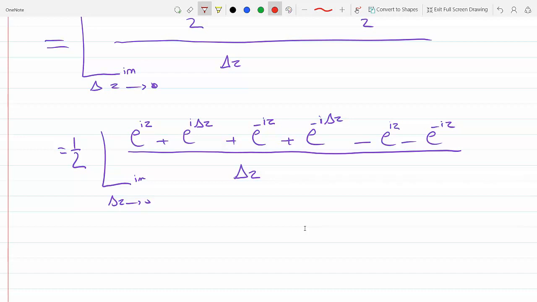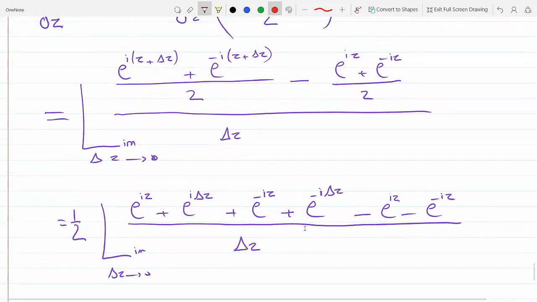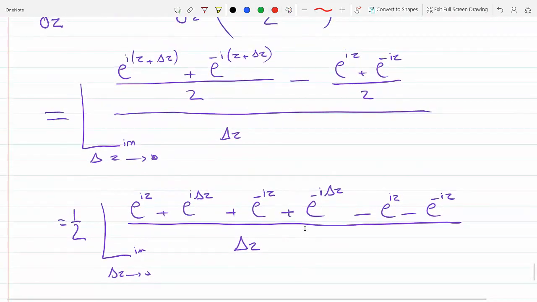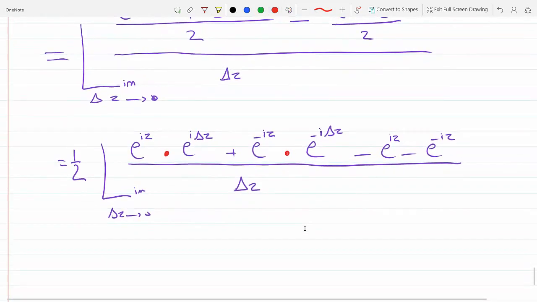Oh wait, oops, made a stupid mistake here. This is multiplication. Okay, so let's collect the terms that have iz.